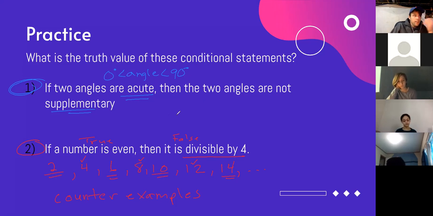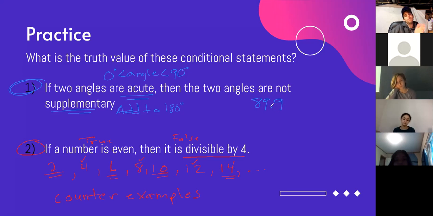And then supplementary, of course, means adding to 180. So we could probably come up with some sort of equation or inequality that might help us here, but it doesn't really matter. What I want to think about is sort of the extremes. Like, what's the biggest acute angle we could have? I mean, technically we could go bigger than this, but this is pretty close to the biggest acute angle we could get, right? 89.9. We could go even closer.